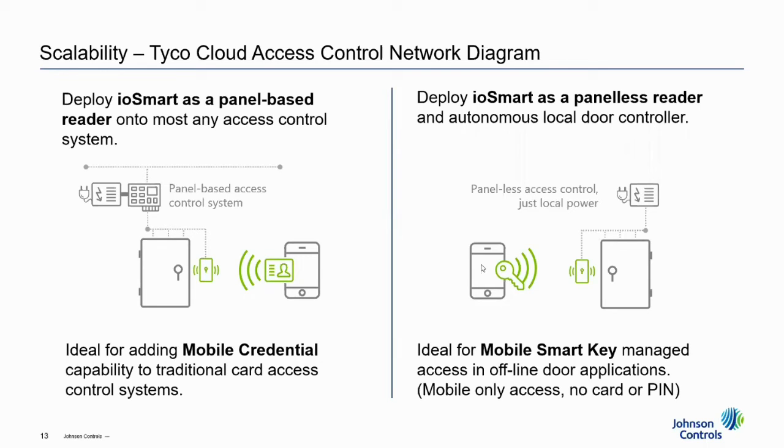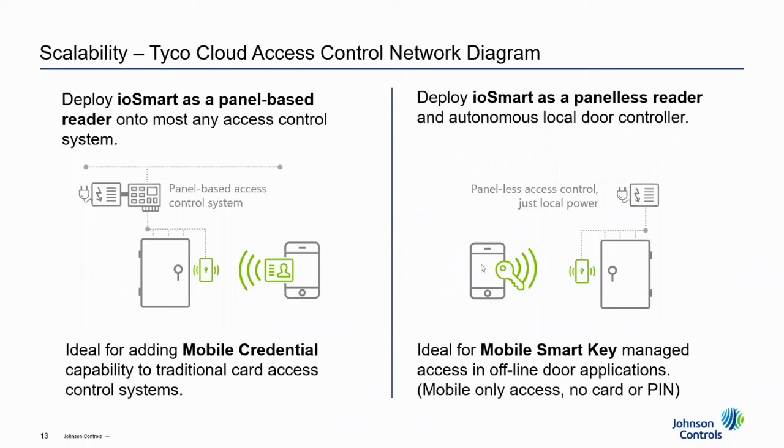Everything is built in within the IO Smart Reader, which is a KANTECH reader. When the Enterpass Go Pass mobile app transmits its information to the IO Smart Reader, and the reader recognizes it, it will release the door.